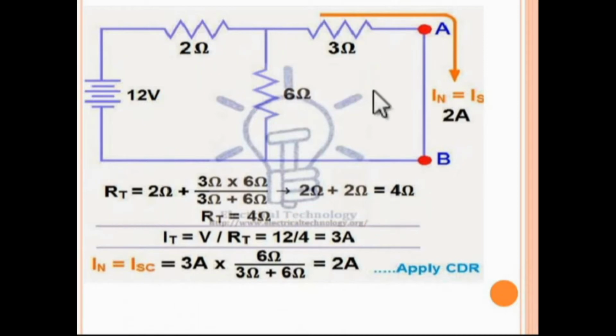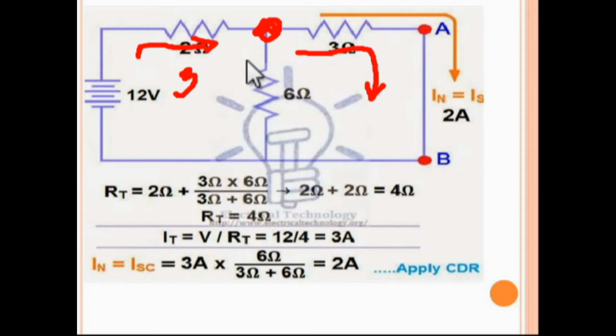So guys, now when this 3 ampere current flows from here, it will be divided at this node. So we have to apply the current division method. One current will go through the 3 ohm and one current will flow through the 6 ohm resistance. You have to find how much current will flow in this 3 ohm branch.